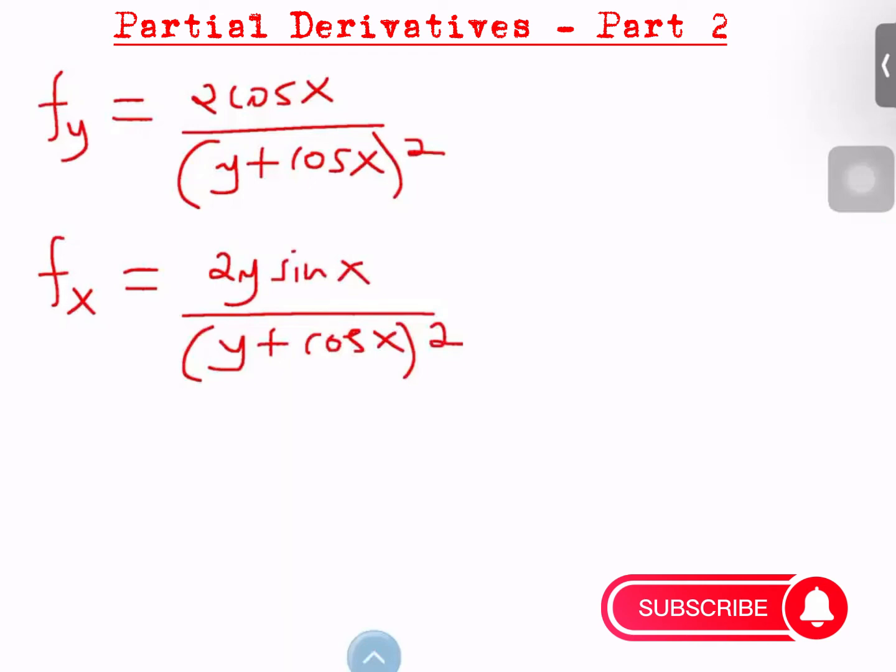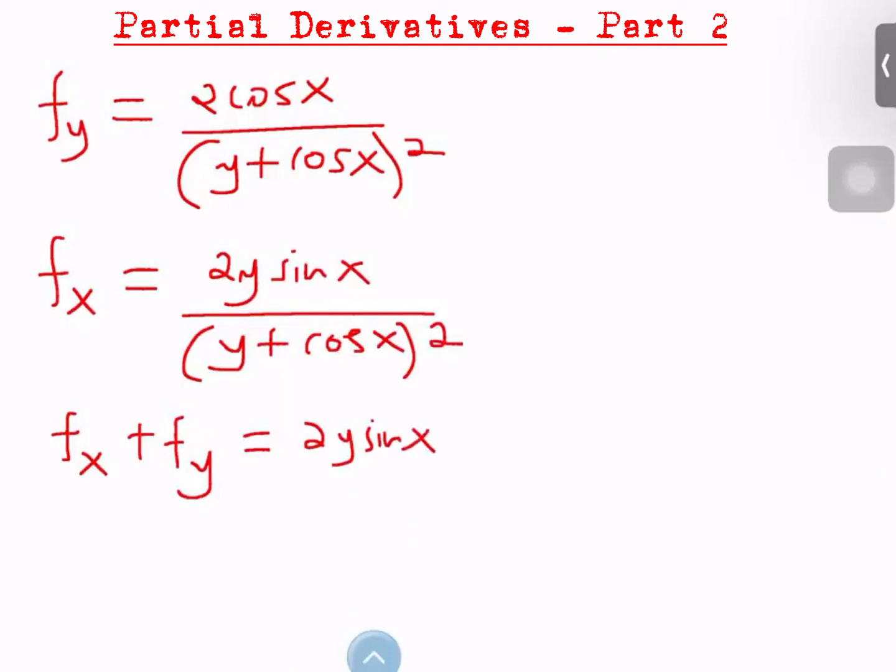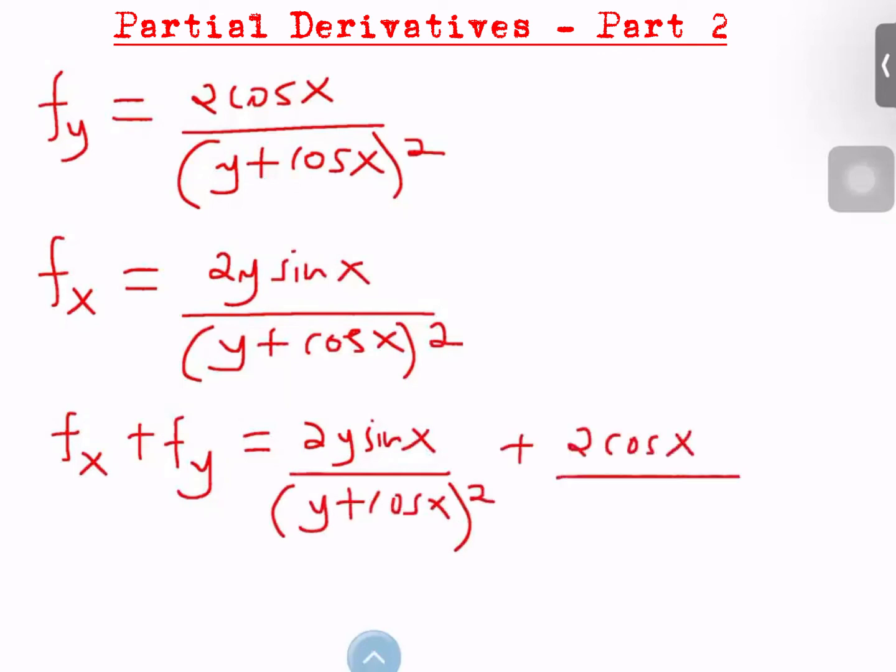So we are supposed to find f of x plus f of y. This is equal to 2y sine of x divided by (y plus cos x) squared, plus 2 cos x divided by (y plus cos x) squared.